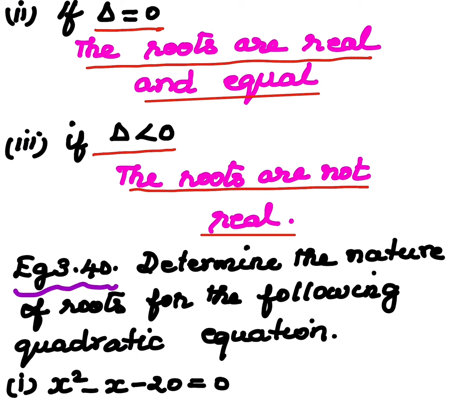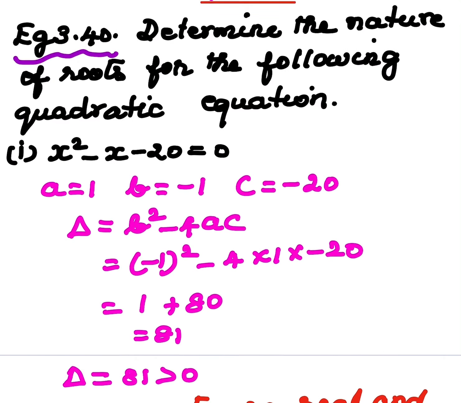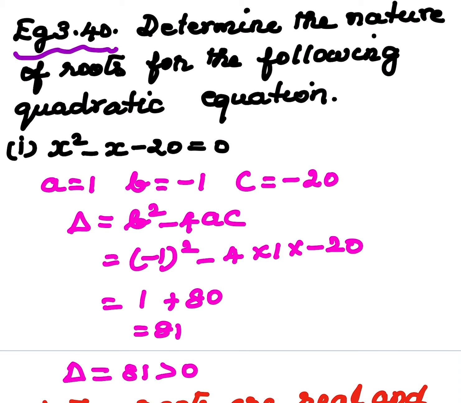Using this, we are going to determine whether the roots of the following quadratic equations are real or not real. Let us go into example 3.40. In the first subdivision, the equation is x squared minus x minus 20 equal to 0.